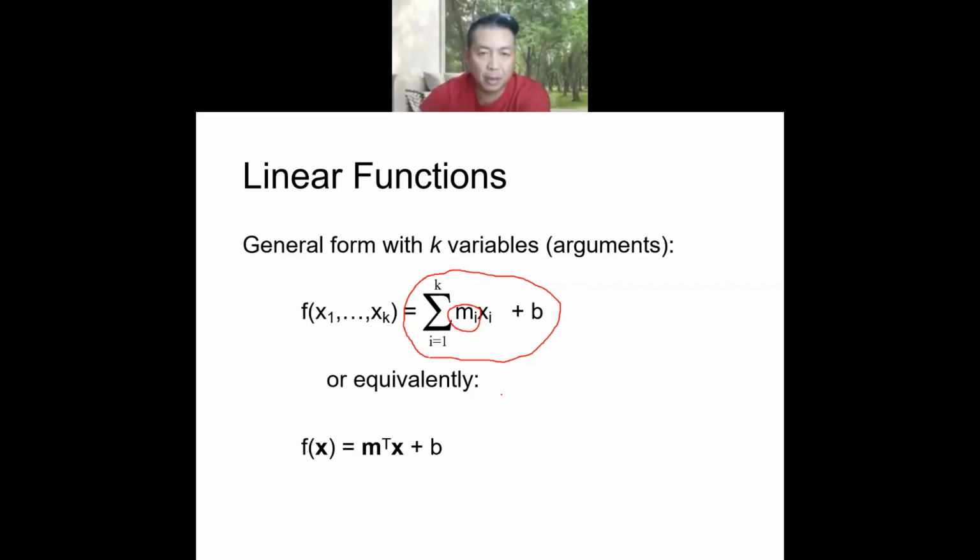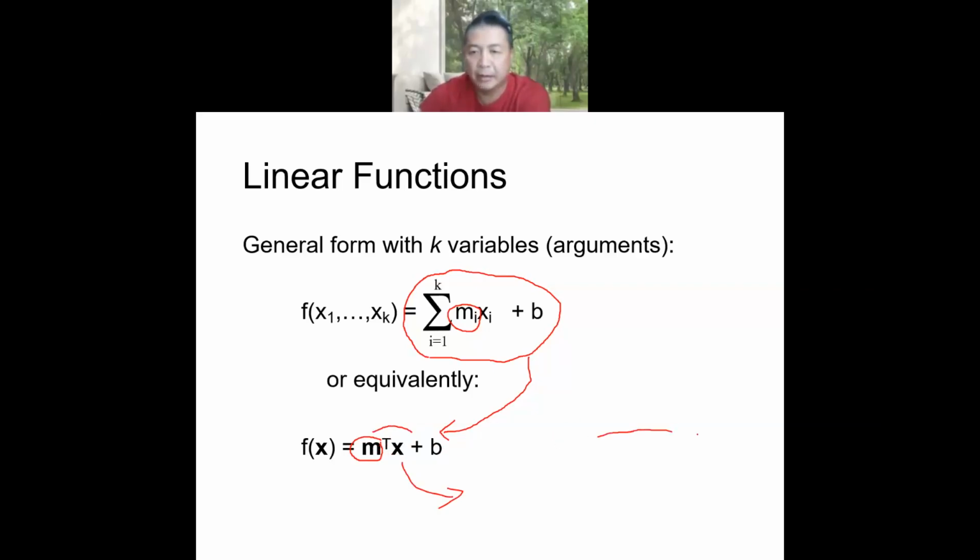So we simplify this formula. This is the weightage that we have, and this is the transpose, because x should be a vector. So when we have the weightage, we transpose them.